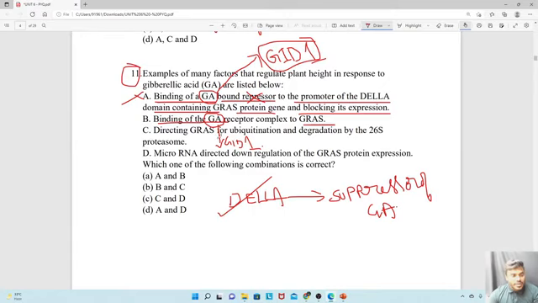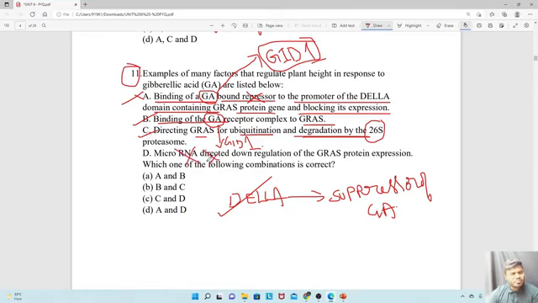The GRAS protein gets tagged by the ubiquitin molecule. Once it is tagged by ubiquitin, friends, obviously it will undergo proteasomal degradation by the 26S proteasomal complex. That is exactly what gibberellic acid will do. So B is right, C is right.